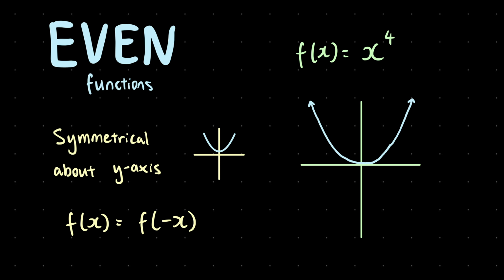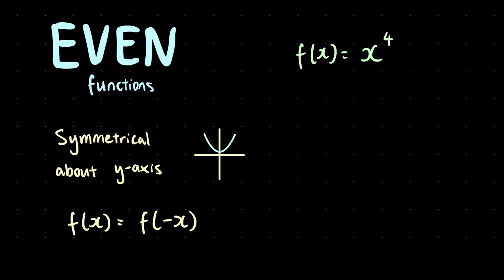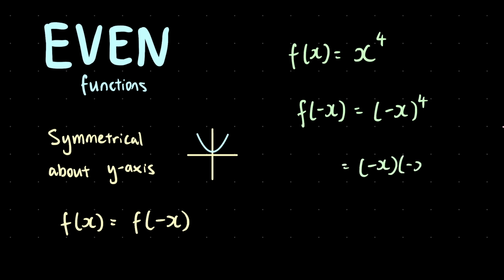If we wanted to prove algebraically that this was an even function, first we need to sub in negative x into the function. So f(-x) is equal to, rather than writing x, we write (-x)^4. Negative x to the power 4 just means that we have 4 negative x's.